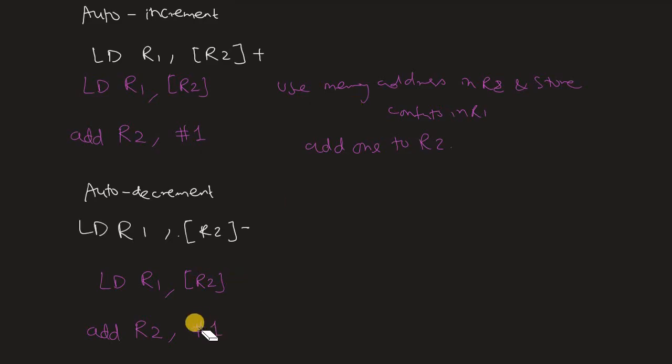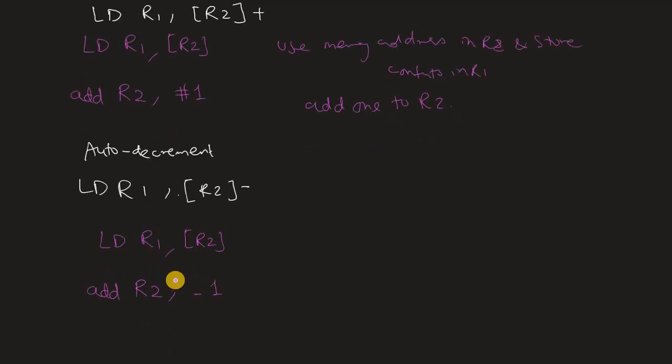Instead of adding, we're basically subtracting. So we're loading the contents of R2 into R1, using the memory address of R2 and storing the contents in R1, and then afterwards we're going to subtract 1 from the register R2. So that's what we're doing.